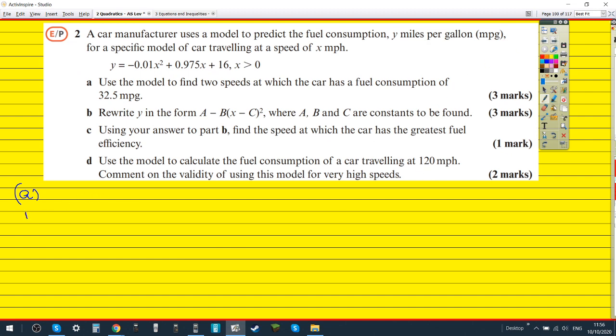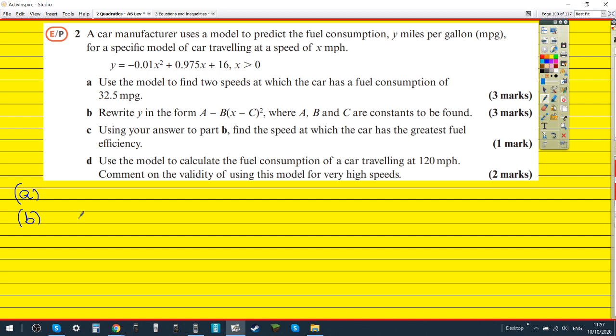Okay, let's just try question B. Okay. So you need to find out the maximums, right? Mm-hmm. So it'd be minus 0.01, 0.975, and plus 16.